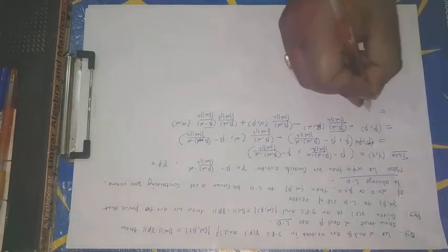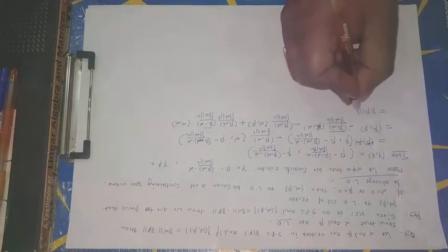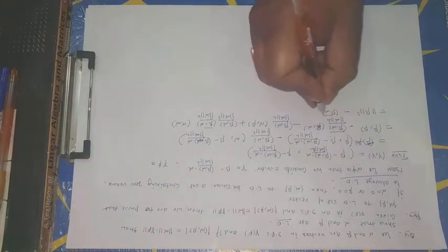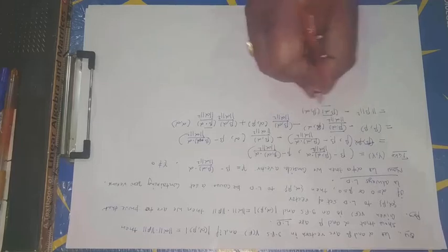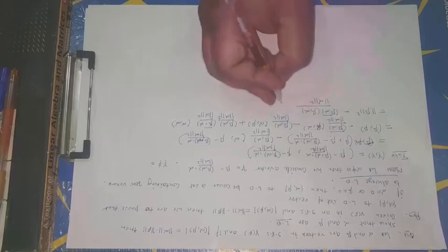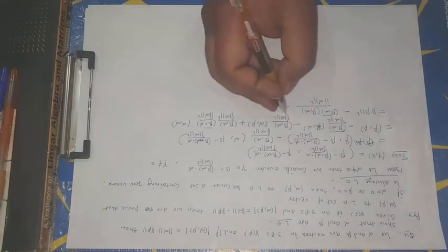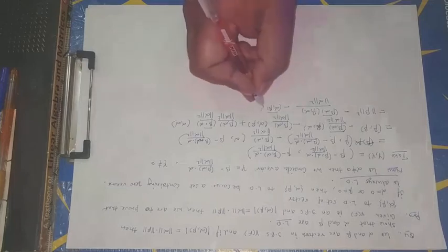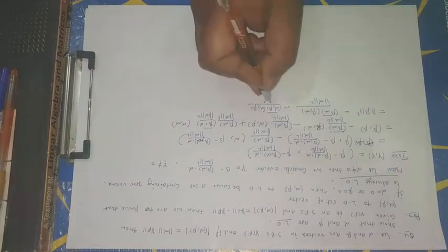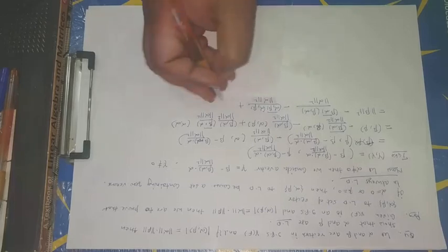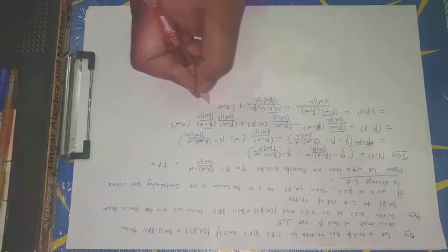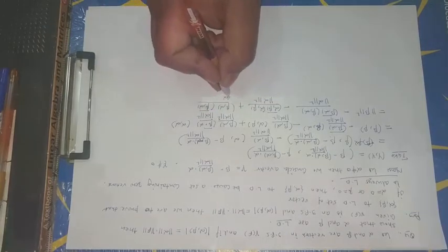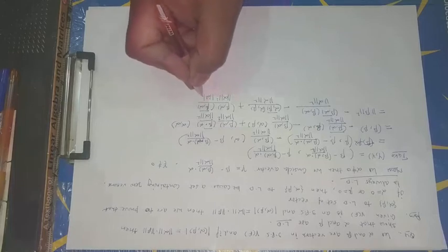Okay, this is equal to beta norm square minus beta alpha conjugate into beta alpha upon alpha norm square, minus alpha beta conjugate alpha beta upon alpha norm square, plus beta alpha conjugate upon alpha norm square into alpha norm square.